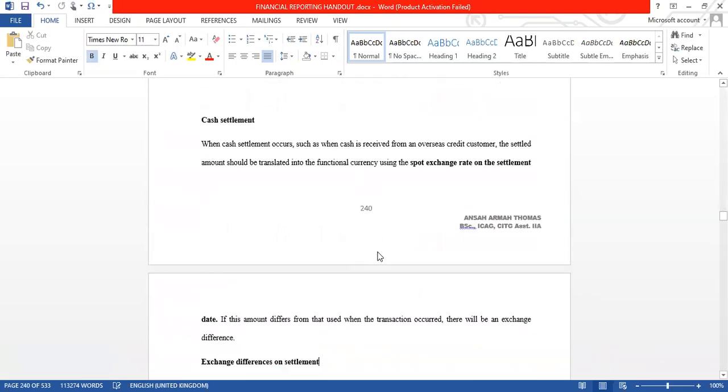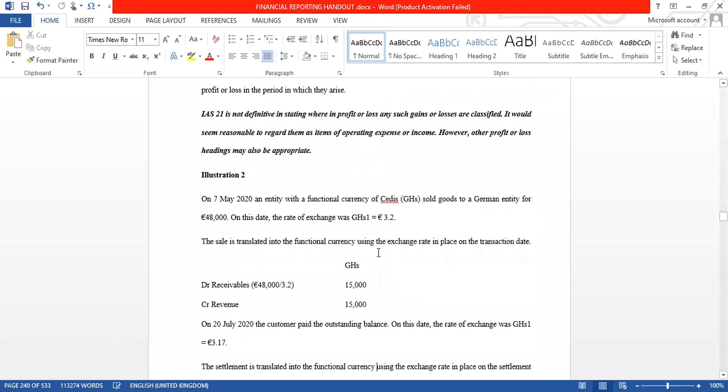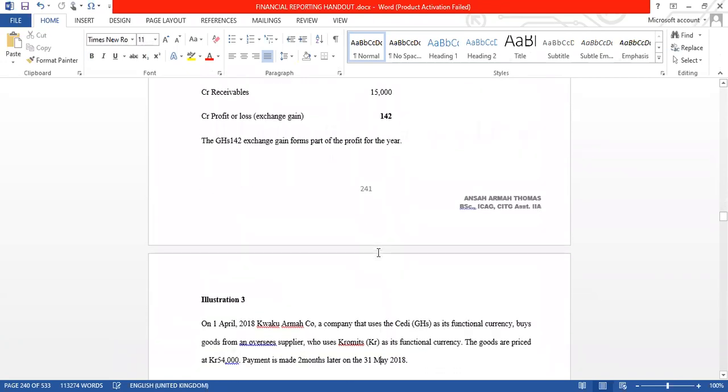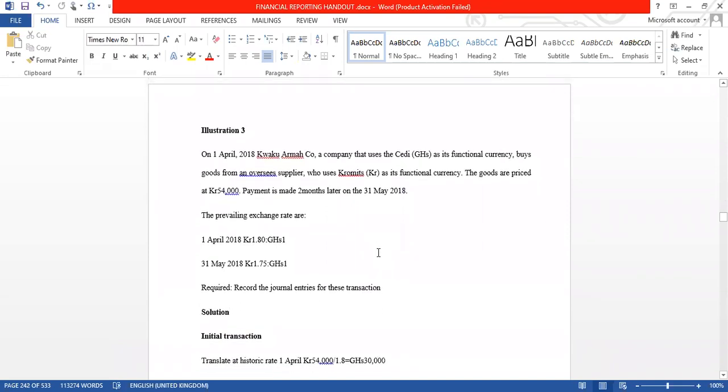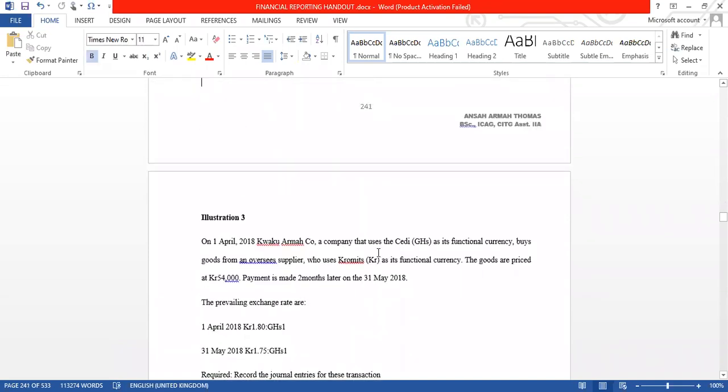When you take your time and you read it, you understand. All right, so let's look at illustration 3. I want to use that to explain it further. Okay, so let's look at this.